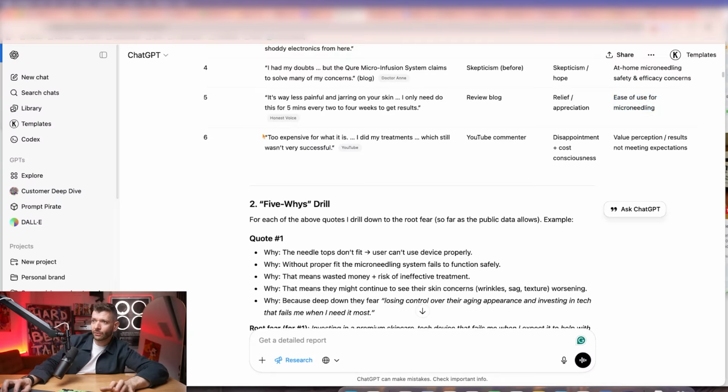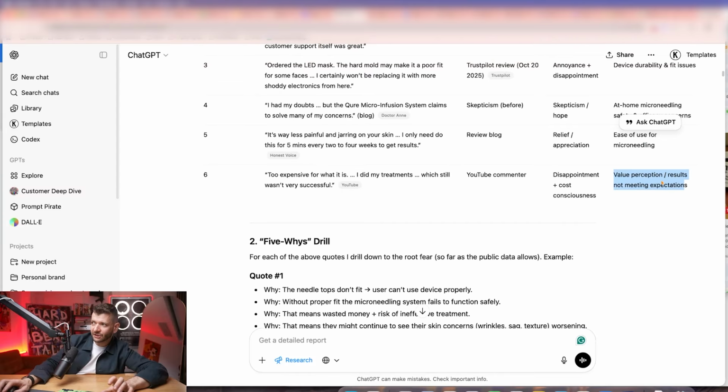And so here, another one: too expensive for what it is. I did my treatments, which still wasn't very successful. So people are complaining about the product. In this case, it's like value perception and results not meeting expectations. One of the micro angles could be overcoming these objections that people have and explaining why the product is that expensive.